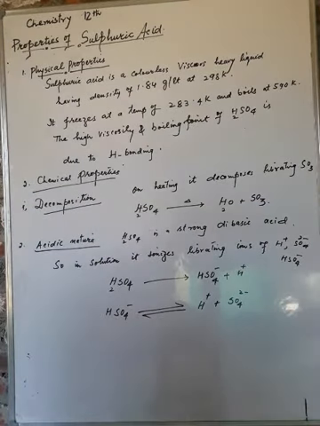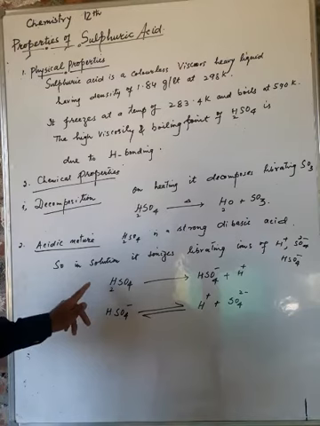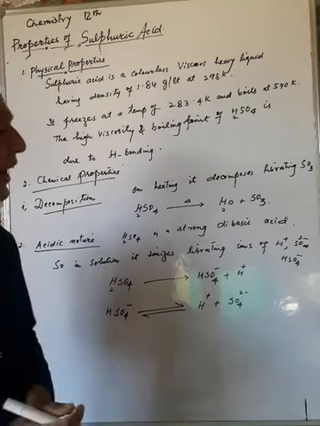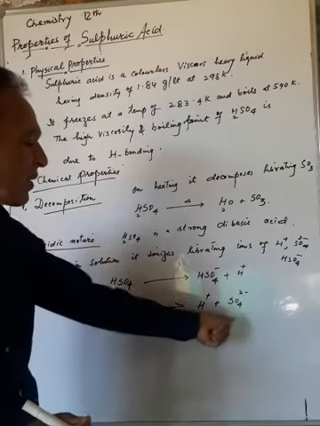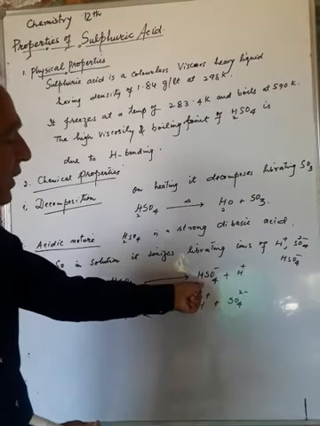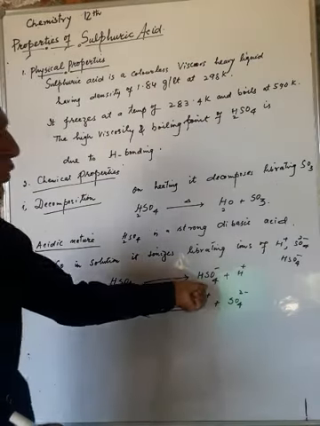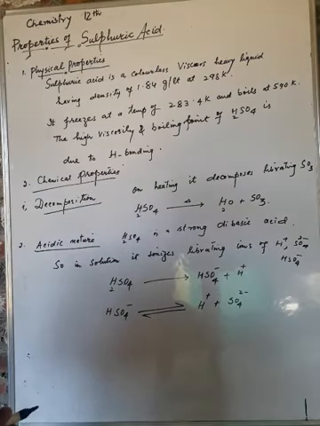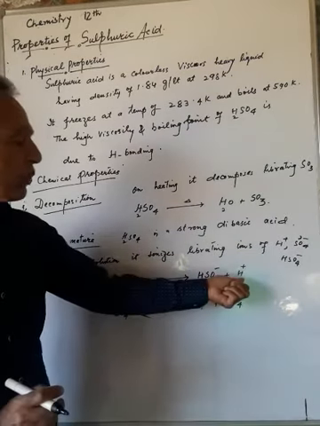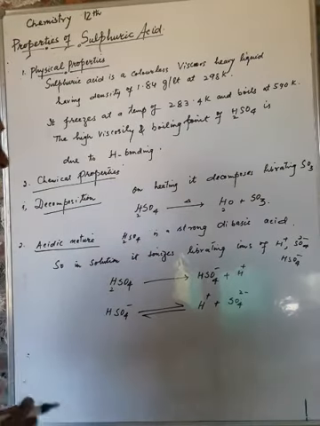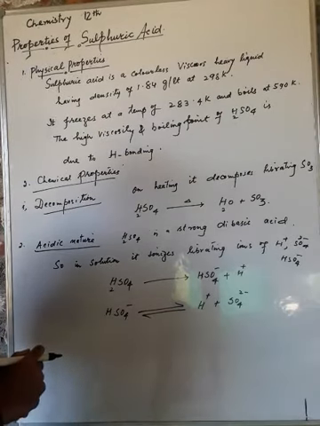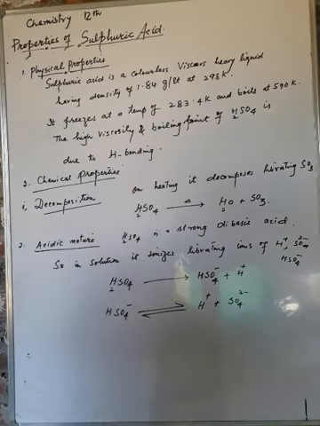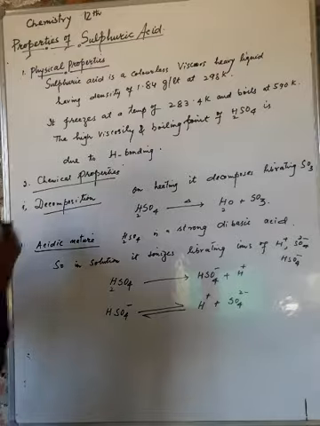So in the solution form, this sulfuric acid gives all the reactions due to the formation of hydrogen ions, sulfate ions and bisulfate ions. Now the reaction due to the hydrogen ions is the acidic properties of sulfuric acid.